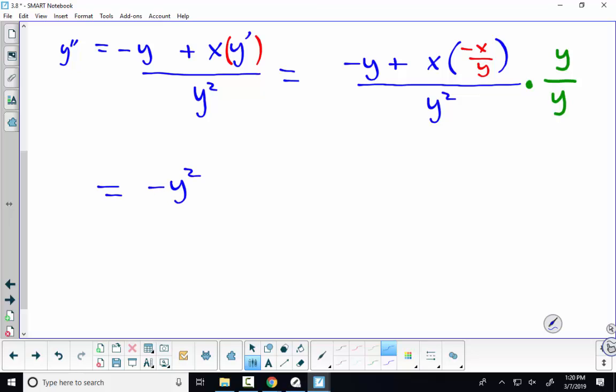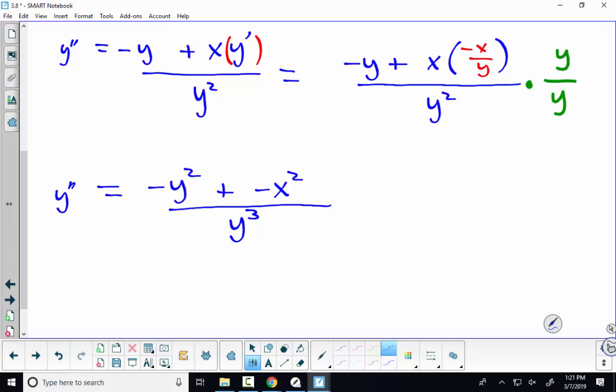That y times x, negative x over y, is negative x squared, because the y's cancel out. And then we've got y cubed on the bottom. Okay, so that's our second derivative.